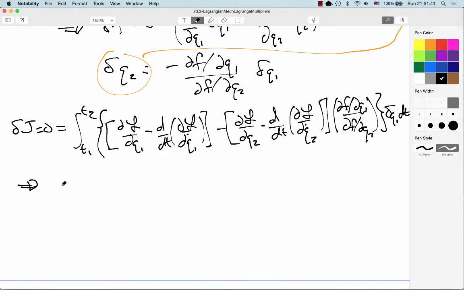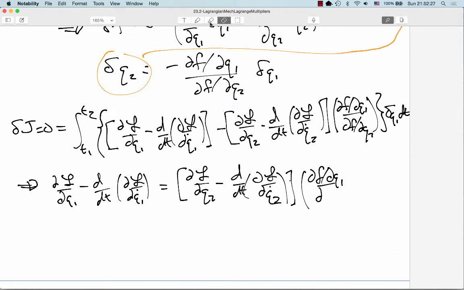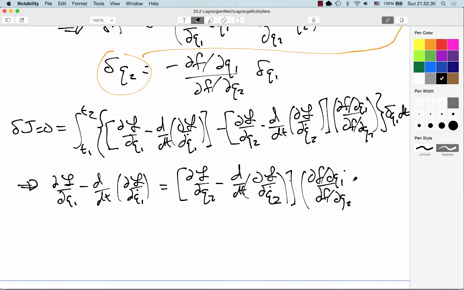That tells me partial L partial q1 minus d/dt of partial L partial q1 dot has to equal, leaving the square brackets in, partial L partial q2 minus d/dt of partial L partial q2 dot, times the thing in parentheses, partial f partial q1 over partial f partial q2. All right.